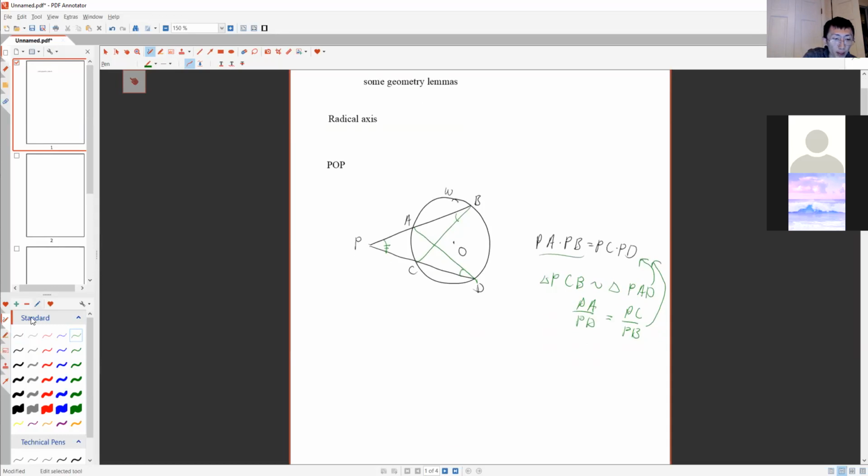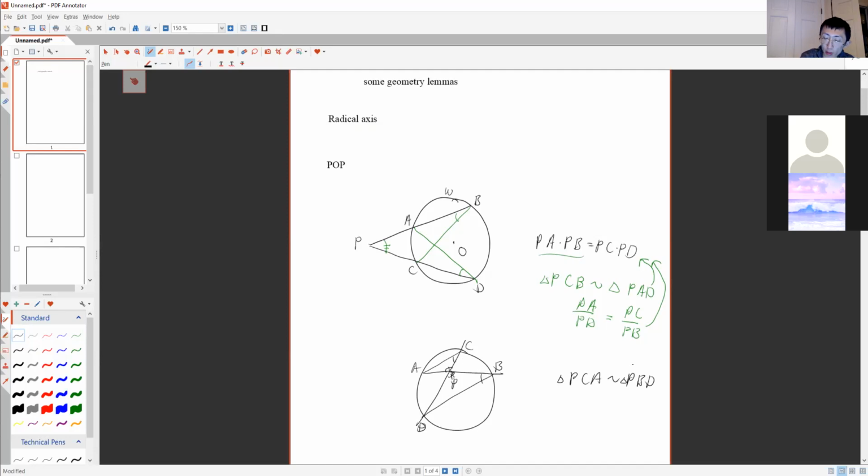Okay, so this works even if P is inside the circle. So if you have the same thing where one line through P intersects it at A and B, and another line through P intersects it at C and D, then you'll have the same similar triangle configuration where these two are equal and these are vertical angles. So PCA is similar to PBD.